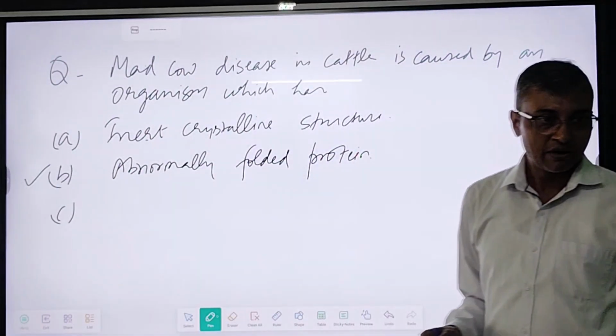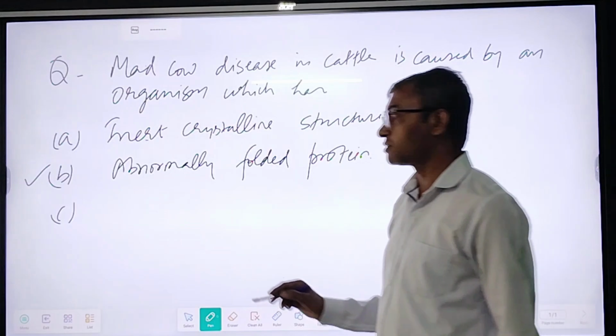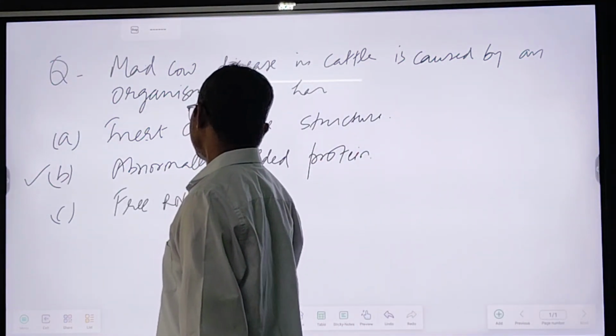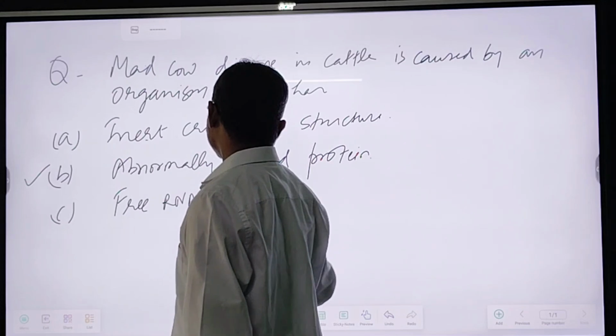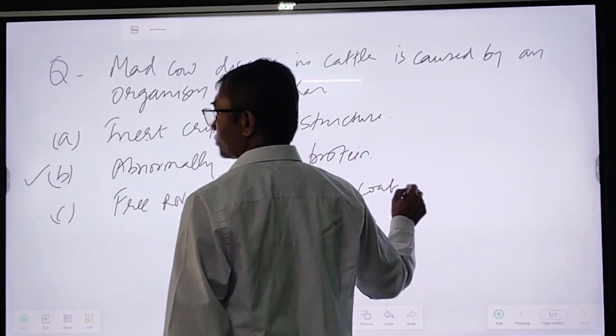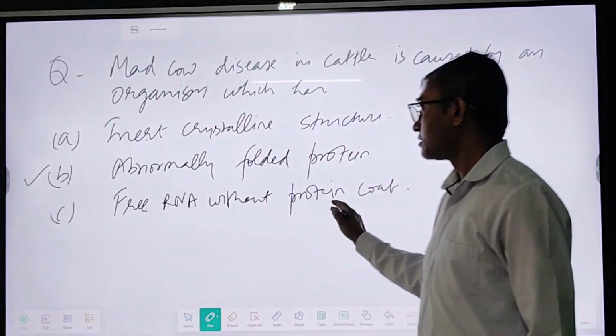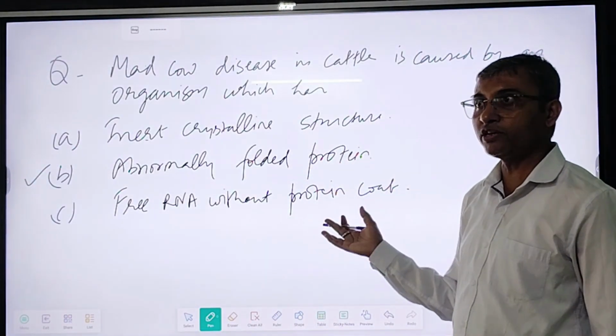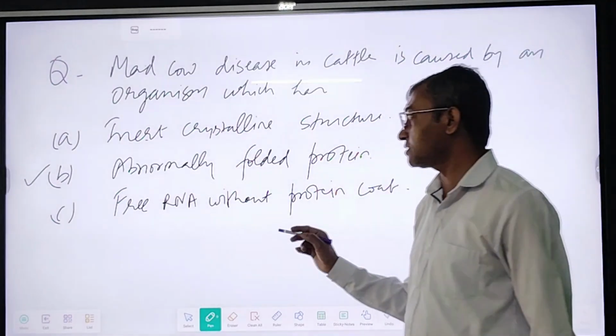So option C says free RNA without protein code. That will be what? Viroids. So viroids are not causing mad cow disease.